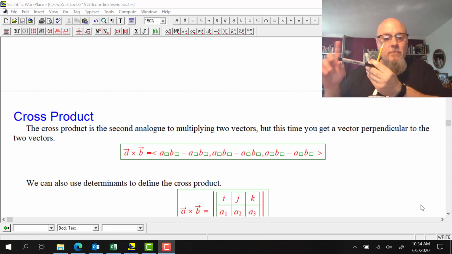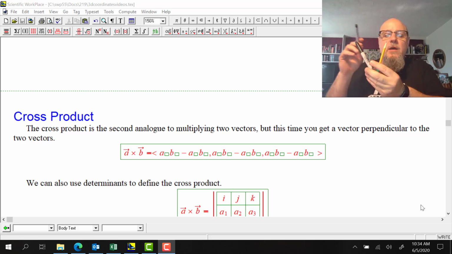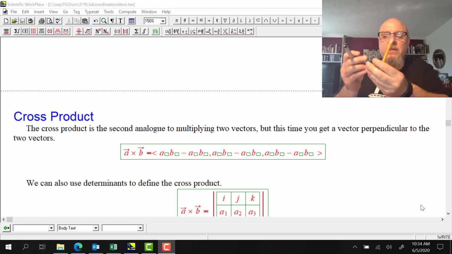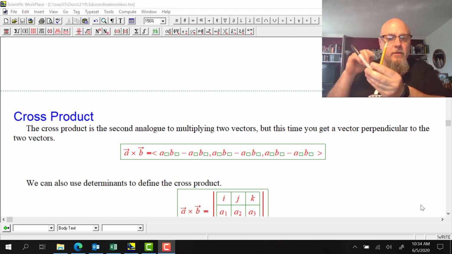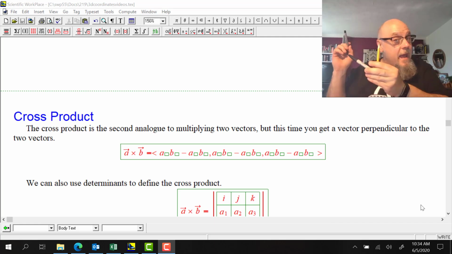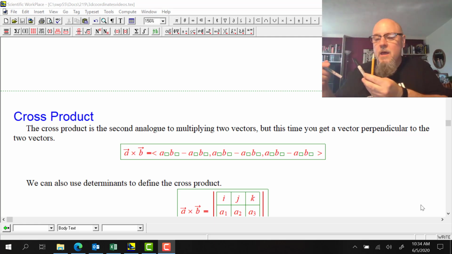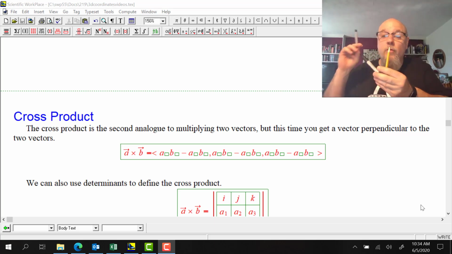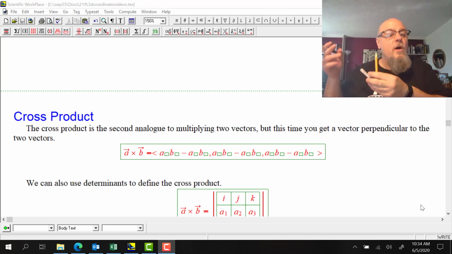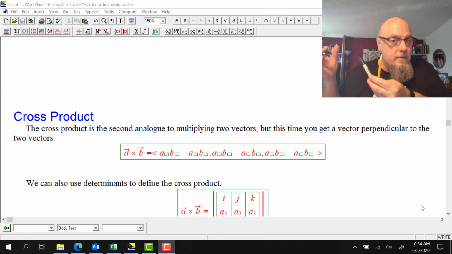That's the direction of the cross product vector. The magnitude of this cross product vector depends on the angle between the two vectors and how long the vectors are that you cross. But let's take a look at the formula, which is given in 3 dimensions.